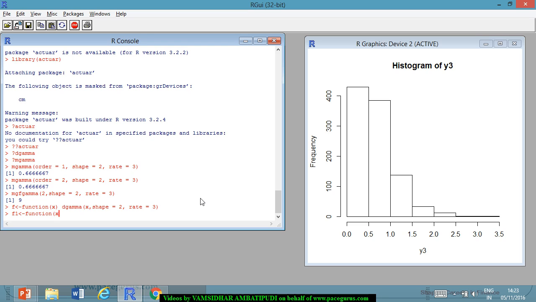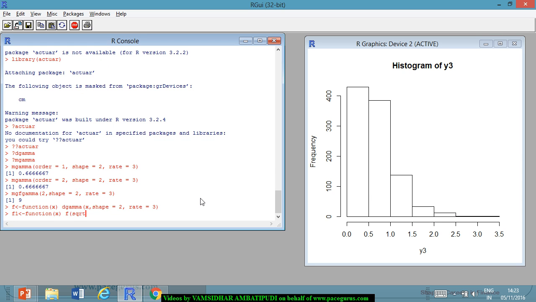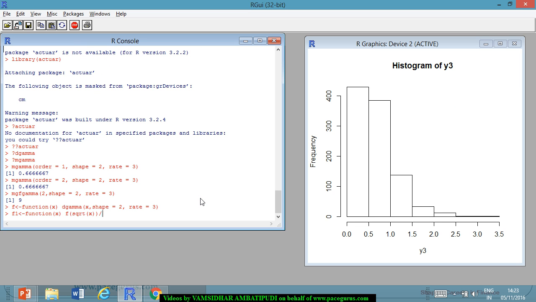So this is where I'll again take it as a function of x, but I will take f as the base. Now within this, it is f of square root of x, divided by 2 into square root of x. So this is what becomes my f1.